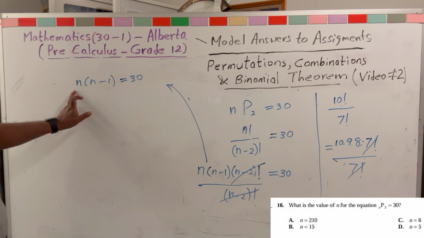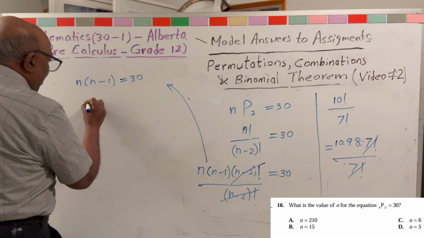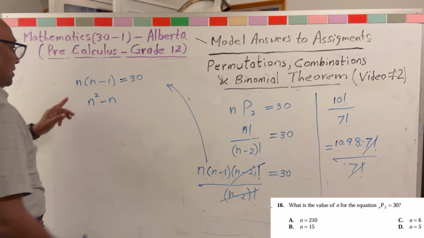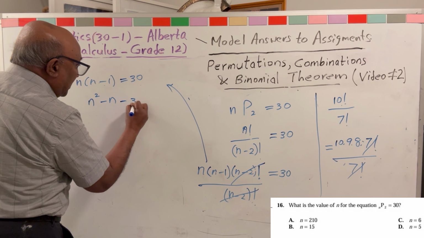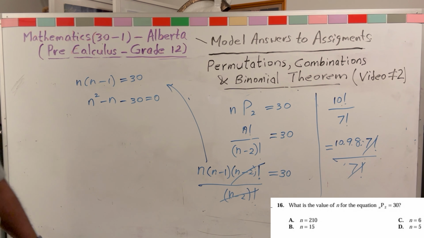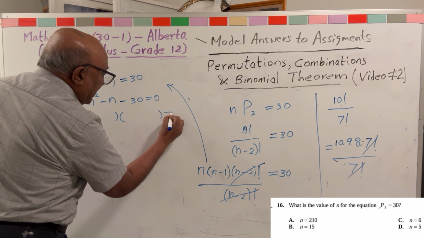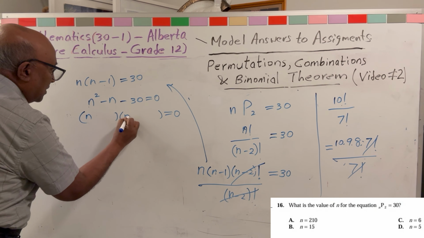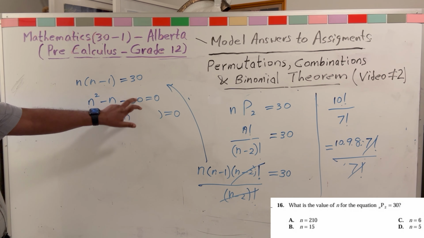But if it is difficult to do like that, we have to solve it properly. Let's expand this: n squared minus n equals 30. Let's move this to the left side: n squared minus n minus 30 equals 0. Okay, now you can factorize this. n times n. Let's use the factors of 30: 6 and 5 work.